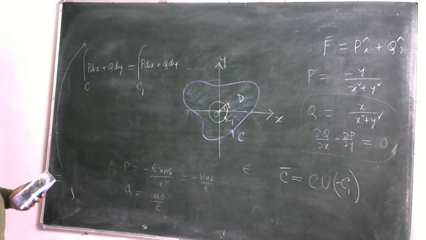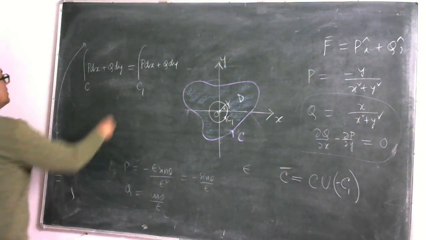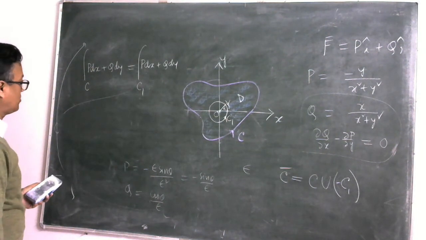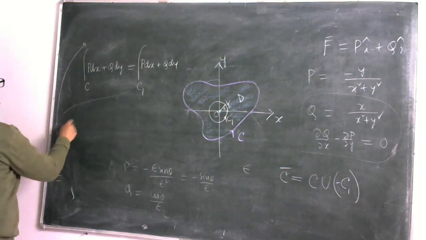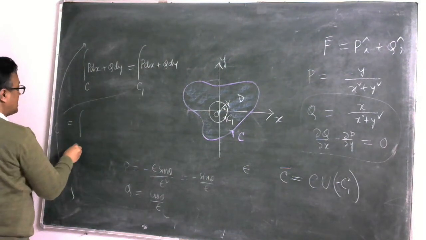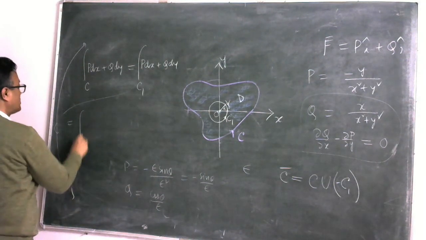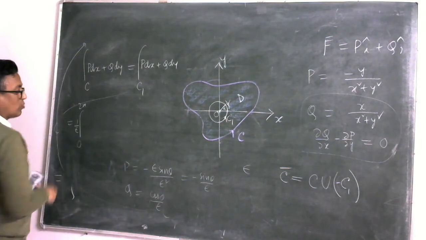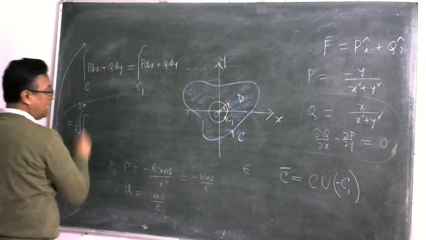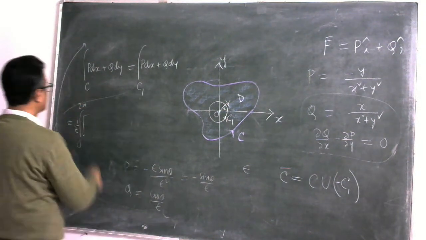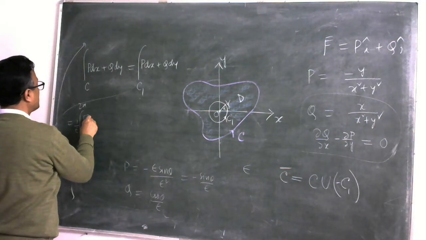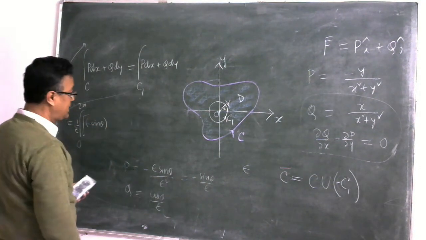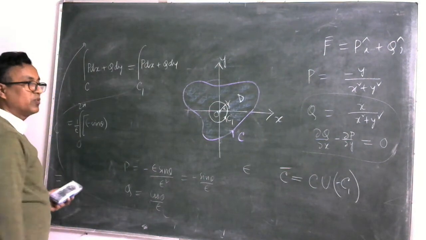Yes. So if you want to perform the integration here, theta goes from 0 to 2 pi, and I can bring 1 by epsilon out. For P I can simply put minus sine theta, and dx is going to be what?